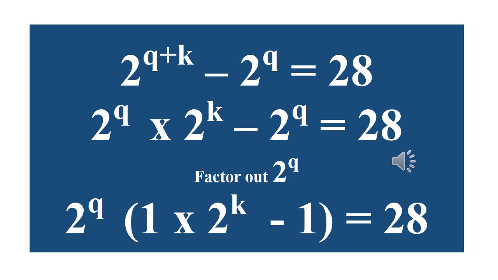So we are rewriting it as 2 raised to power q times 2 raised to power k minus 2 raised to power q equals 28. Now we have 2 raised to power q as a common factor. We factor it out, so we have 2 raised to power q into brackets 2 raised to power k minus 1 equals 28.